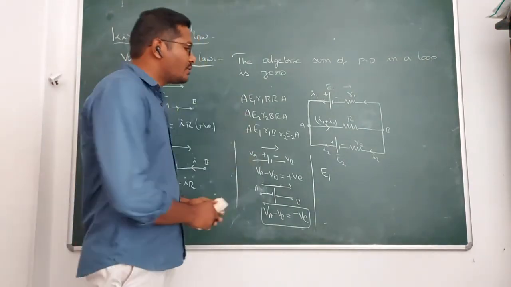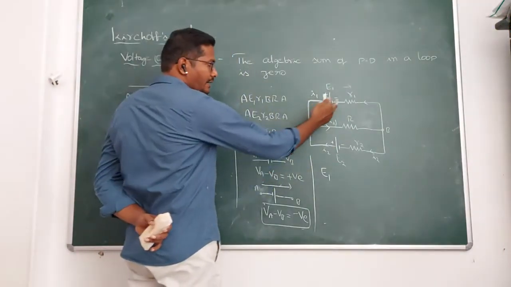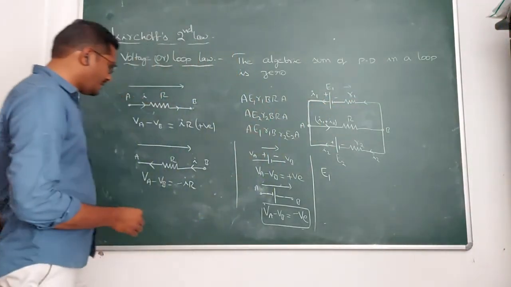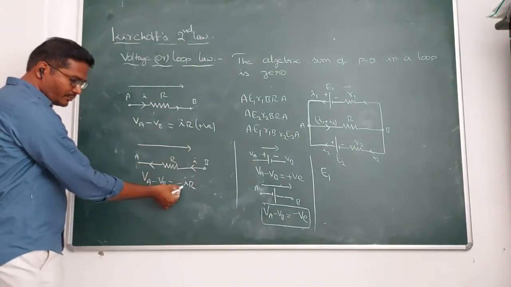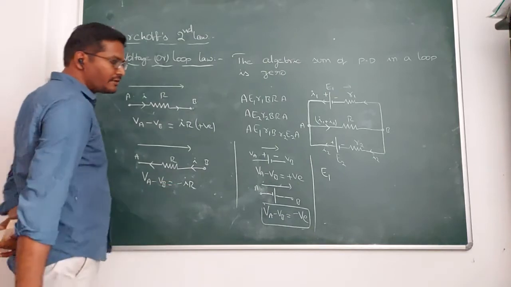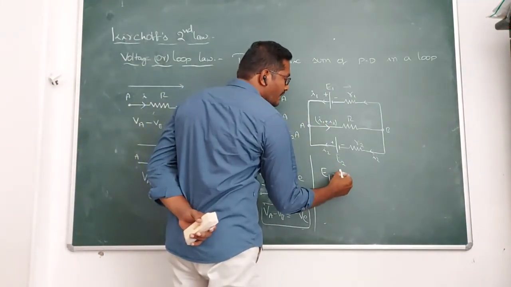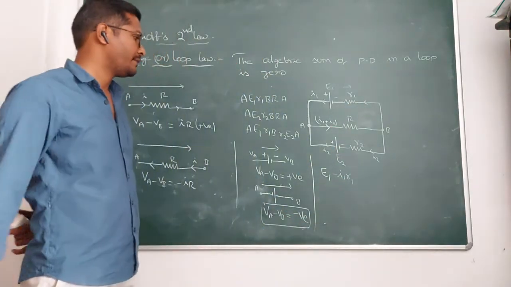As we are moving in this direction, and the current across R1 is coming in the opposite direction, the potential difference is taken as negative. So that is minus I1 into R1.